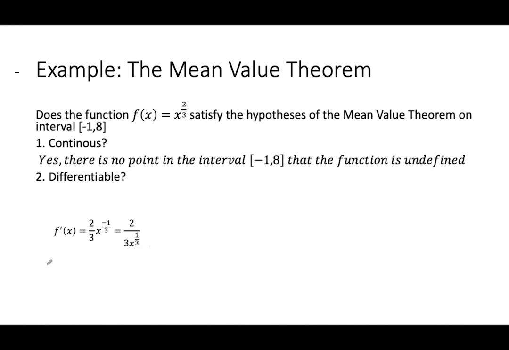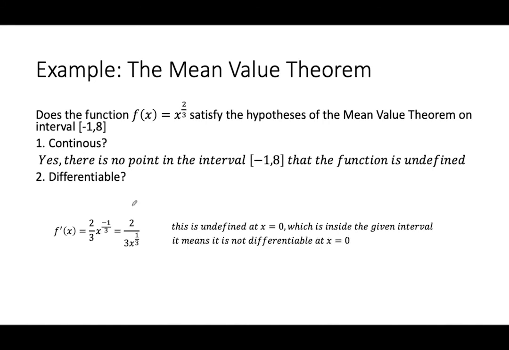So this derivative is not defined at x equals 0, and the point 0 is in the given interval. Therefore, it is not differentiable on the given interval. As a conclusion, this function does not satisfy the hypotheses of the mean value theorem on the given interval. So that was it. Bye.